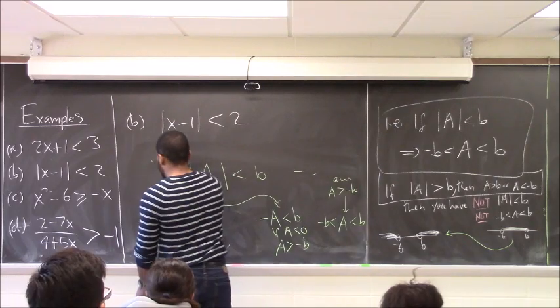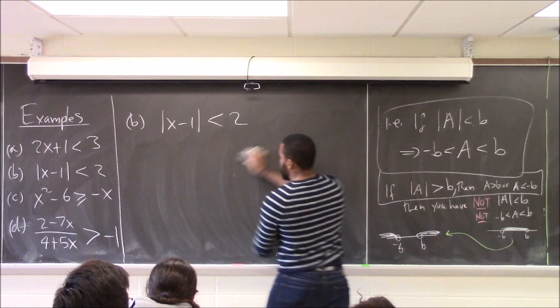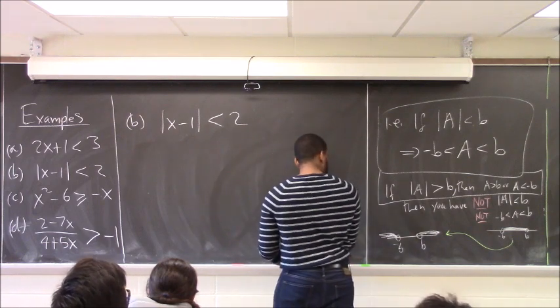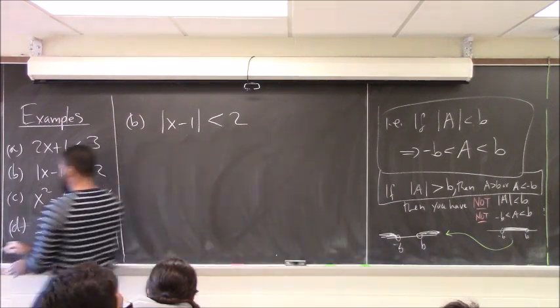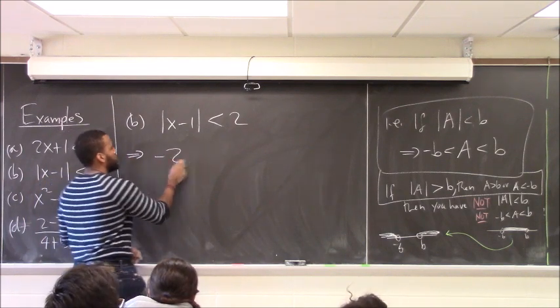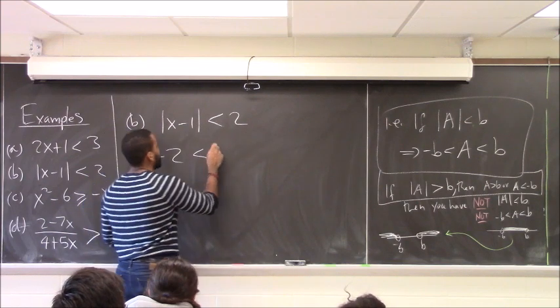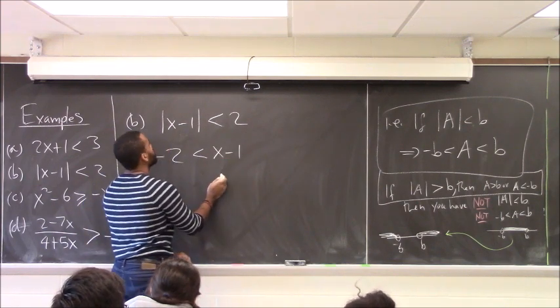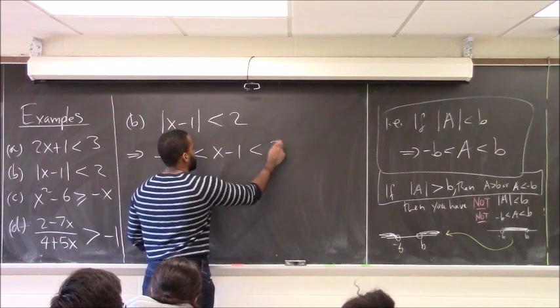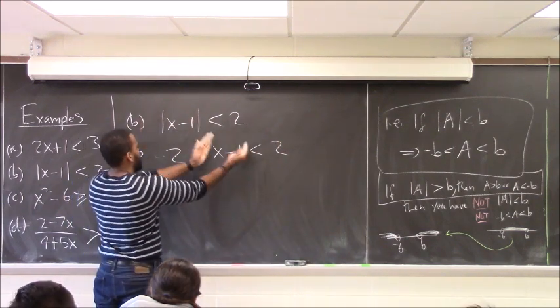That being said, you see something like that, the next step should be clear. It's going to be what? Negative 2 less than x minus 1, which is less than 2. Right? Put the guy in absolute value in the middle.